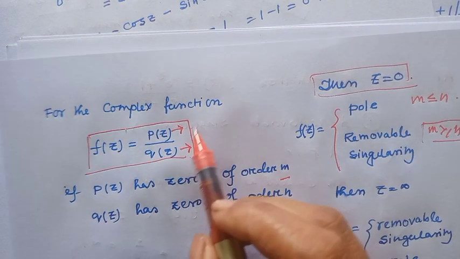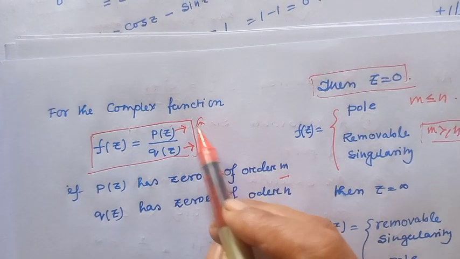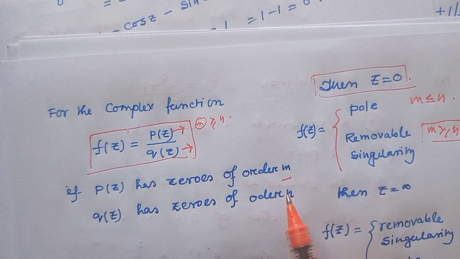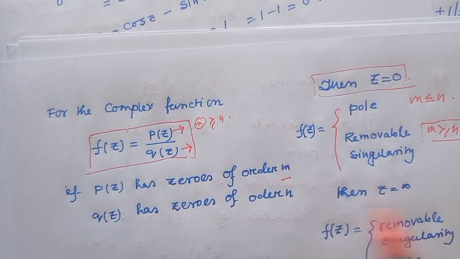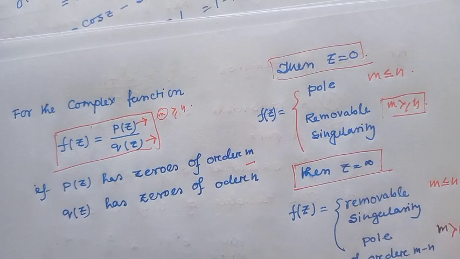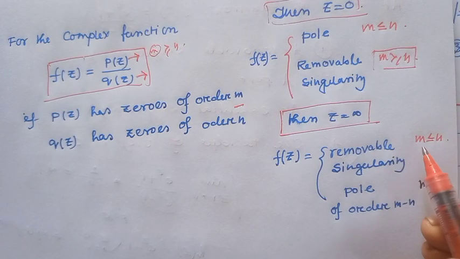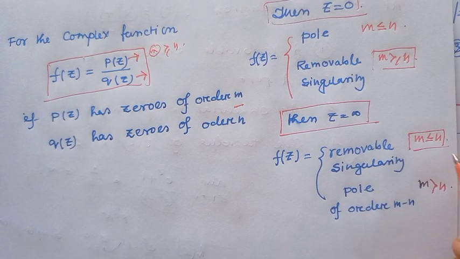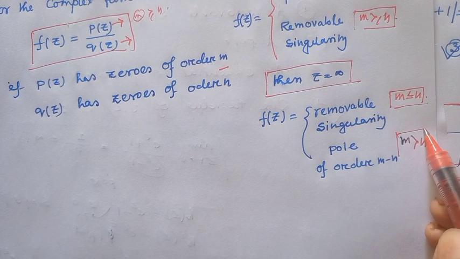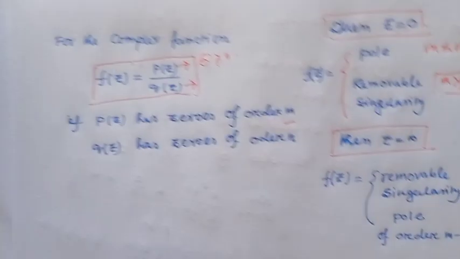If m is greater than or equal to n, the singularity at z equal to 0 is removable. When z equal to infinity, this is reciprocal: removable singularity if m is less than or equal to n, and a pole of order m minus n if m is greater than n.